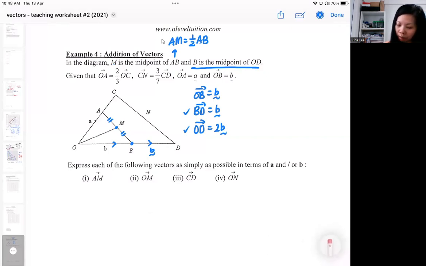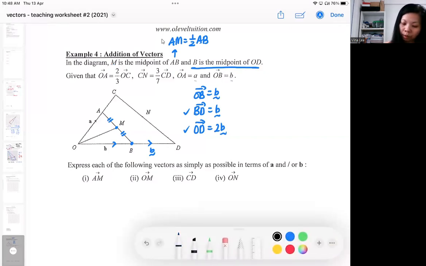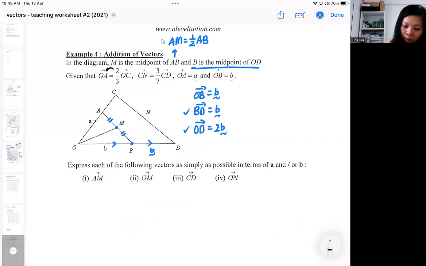Then if you look at the next one, we got some ratios. So this one is 2 units, this one is 3 units. So that's how you interpret ratio. You can do a little bit of primary school thinking. So this one is 2 units, and this whole thing is 3 units, meaning that this part is 1 unit.